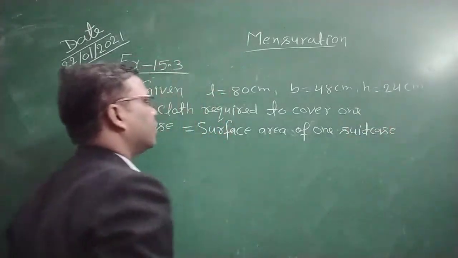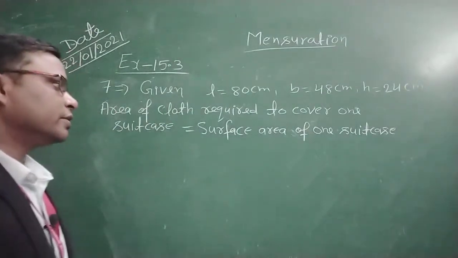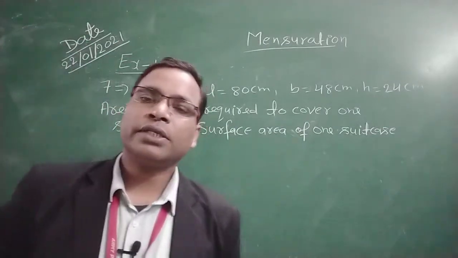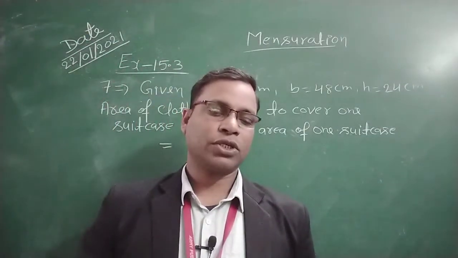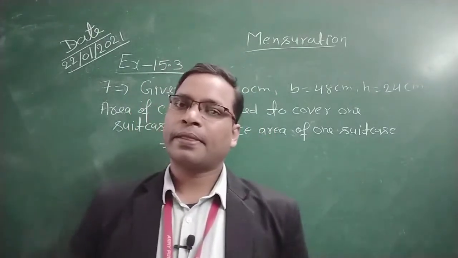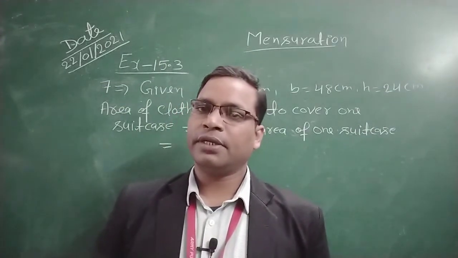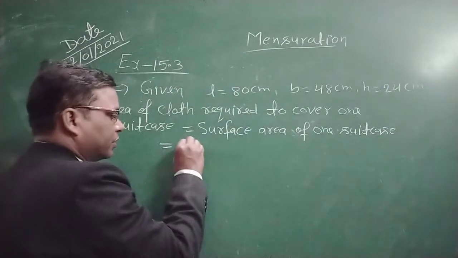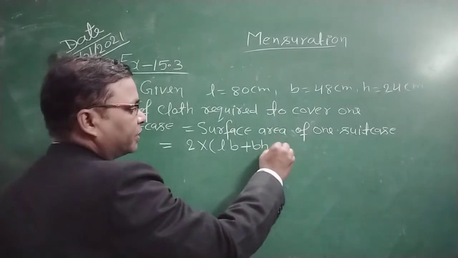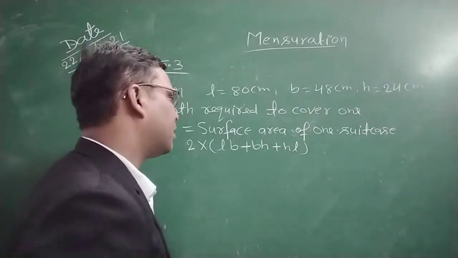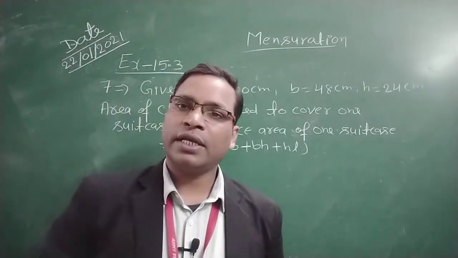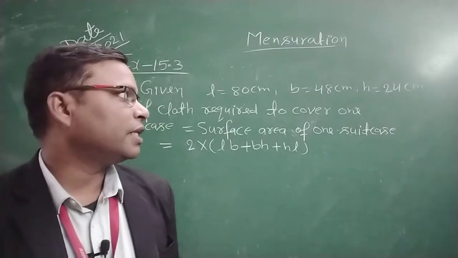What is the surface area of one suitcase? You know very well, it is the total surface area of a cuboid. The total surface area of a cuboid is equal to 2 into (LB plus BH plus HL). This is the formula to find the surface area of one suitcase. L represents length, B represents breadth, and H represents height of the suitcase.